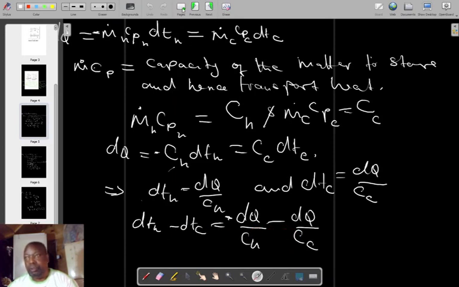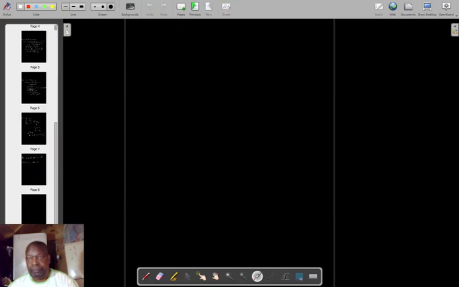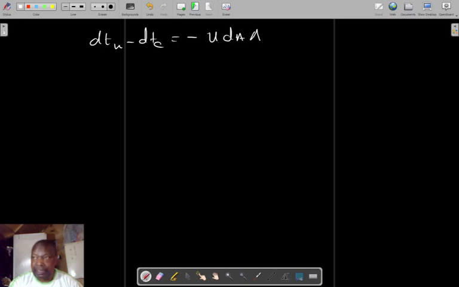So we have dTH minus dTC is equal to minus dq, and we've seen that dq is equal to U dA times delta T, and this is multiplied by 1 over CH plus 1 over CC.